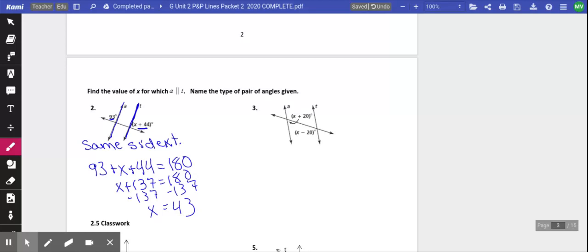So now I want you to pause and try to do number 3 on your own and then come back and check your answer. So these two angles, if I'm trying to prove A and T are parallel, would be same side interior.